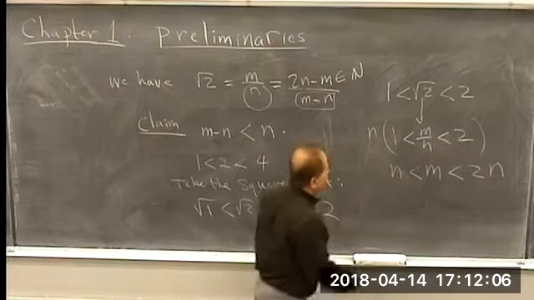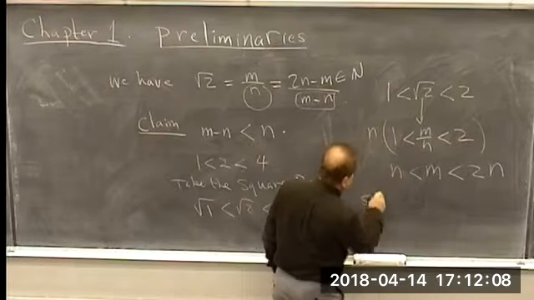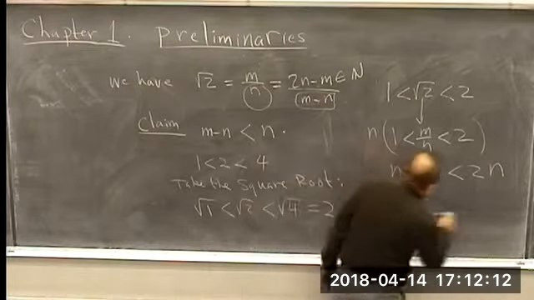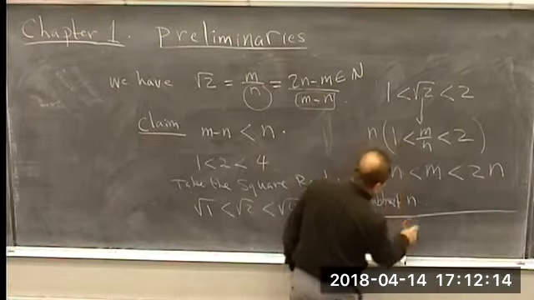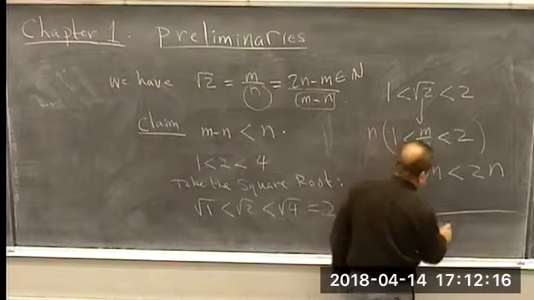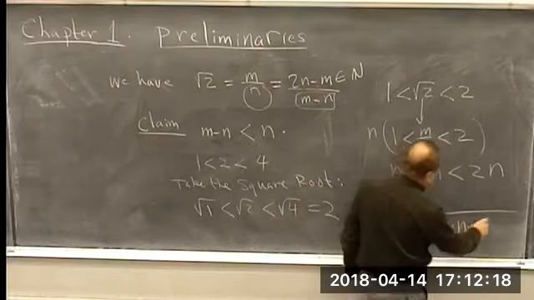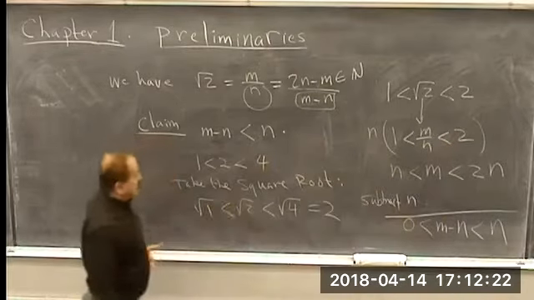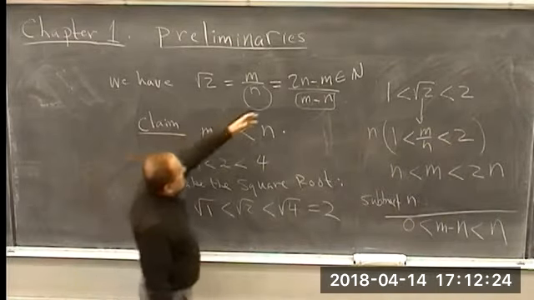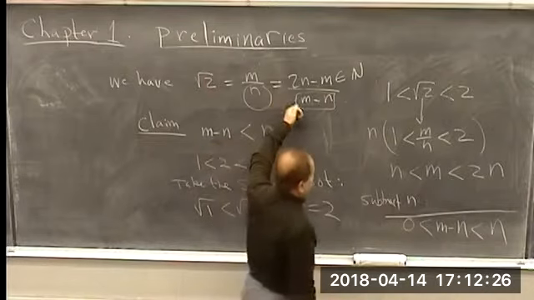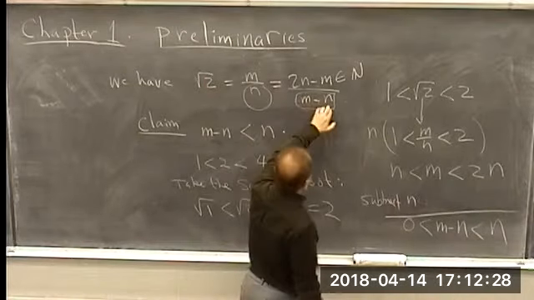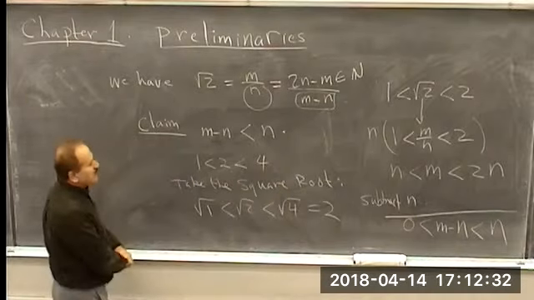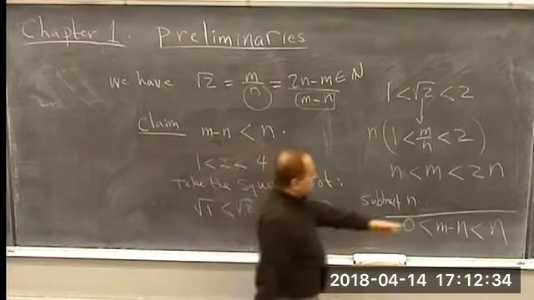And then I'm going to subtract n. So we get here 0 less than m minus n less than n. So we have shown two things actually, that n minus m is actually a natural number because this is bigger, and also this is less than.